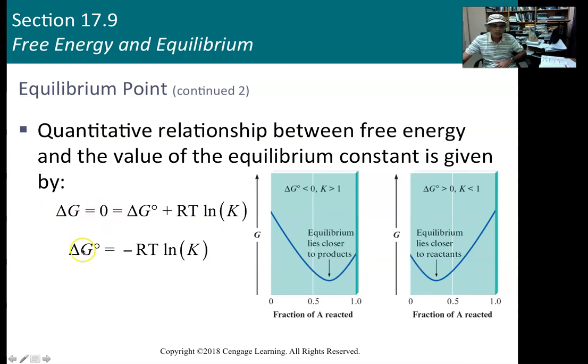If we substitute this into the relationship, delta G is 0, so you'll end up with delta G naught plus RT ln K, which is the equilibrium constant.